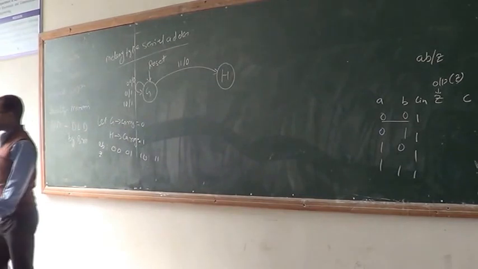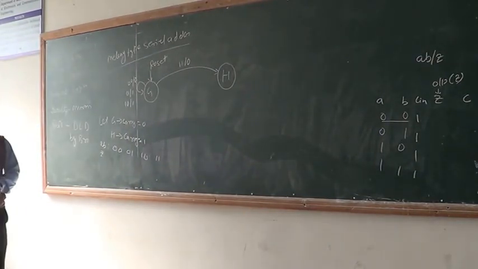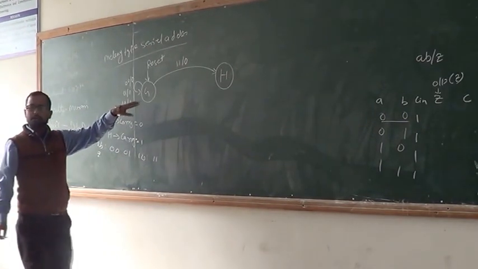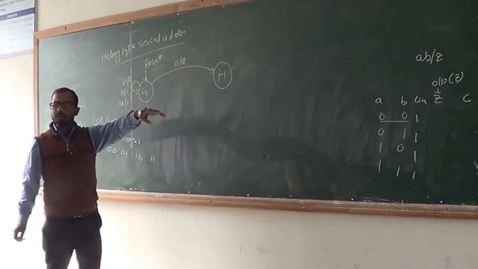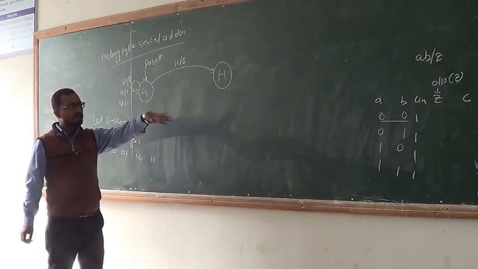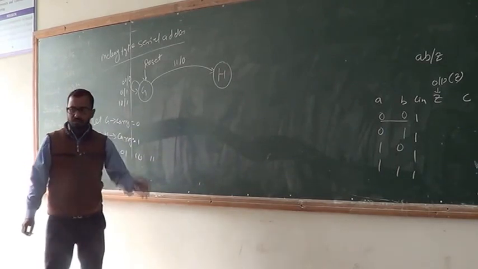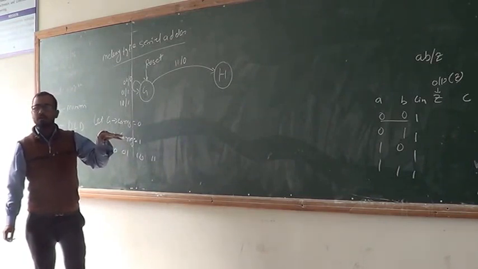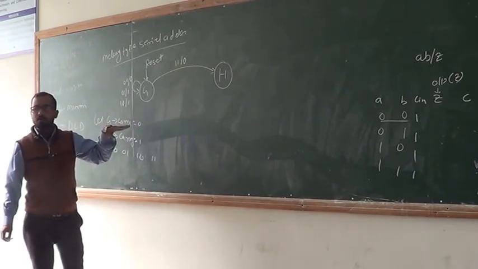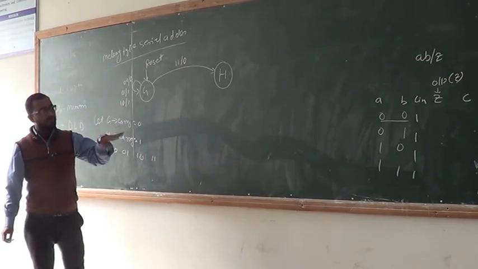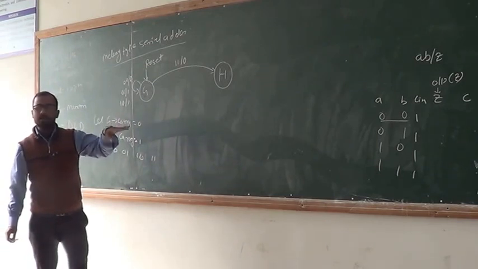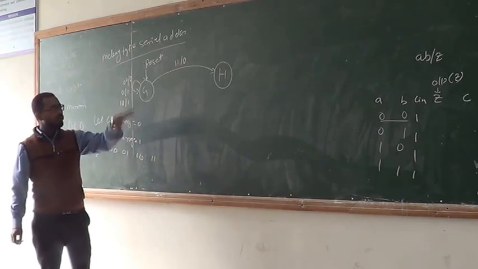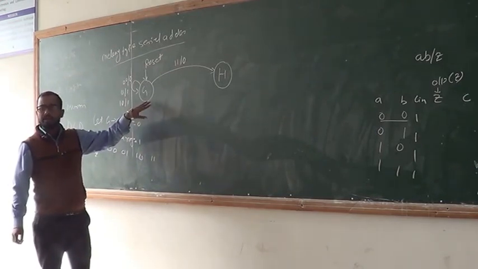With the help of this table, we can easily design a state diagram. And if you do not make a table, then confusion comes, and maybe it makes your answer wrong. Therefore, first of all you make an addition table, and then you come to the state diagram. Okay.